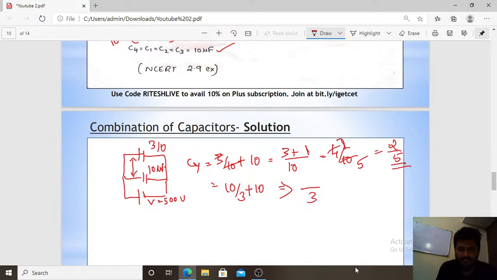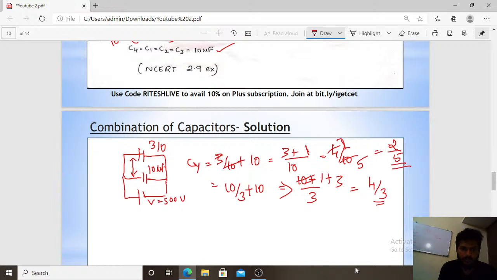So the answer will be 3, not 10, it is 1 plus 3. So the answer will be 4 by 3. Now you made a mistake, Yashasvi, recheck, is it right or wrong? 4 by 3. Recheck. It is 4 by 3.